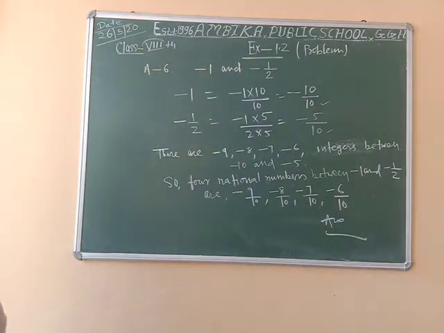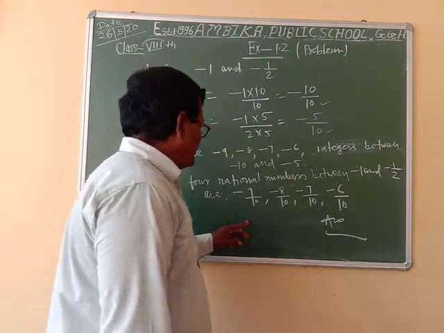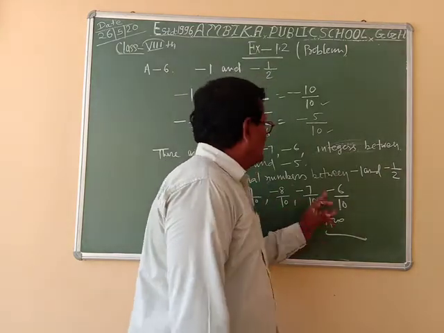Four rational numbers between minus 1 and minus 1 by 2 are minus 9 by 10, minus 8 by 10, minus 7 by 10, and minus 6 by 10.